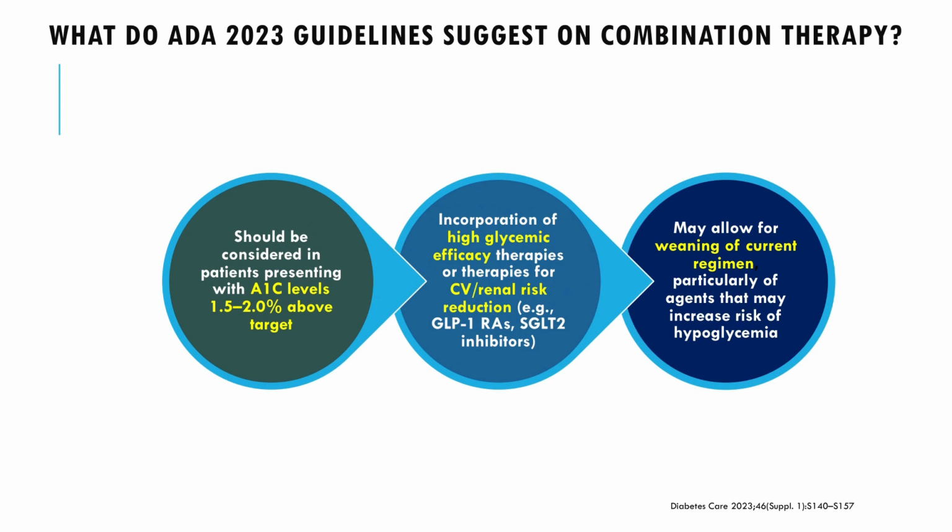You should consider it in patients with HbA1c more than 1.5 to 2% above target, where you need to give drugs with high glycemic efficacy. And depending on the underlying disease, you need to probably modify according to that. According to ADA 2023 guidelines, you can prescribe combination therapy, which reduces the pill burden and improves the patient's outcomes, right?